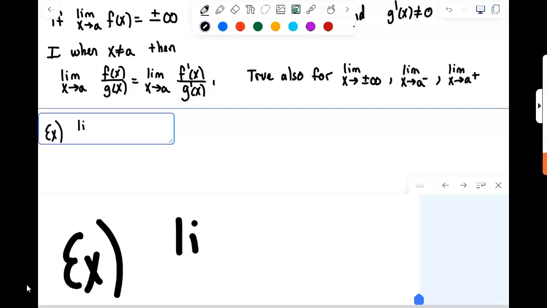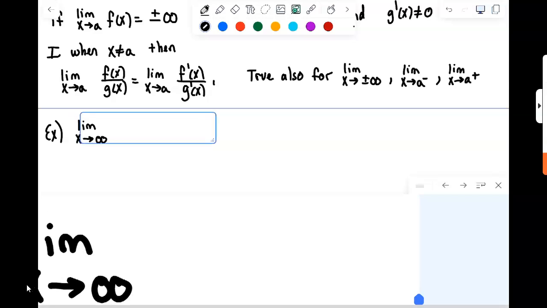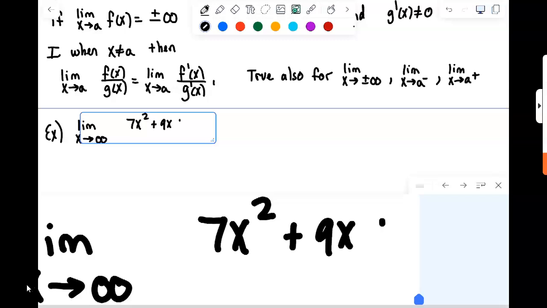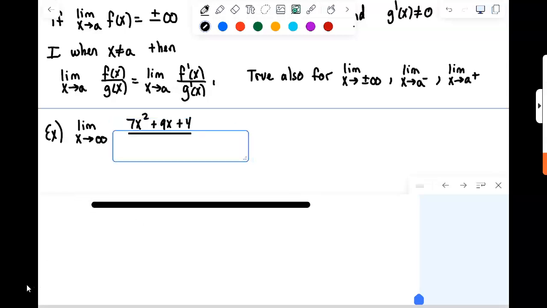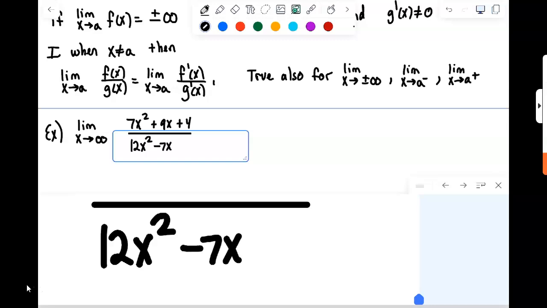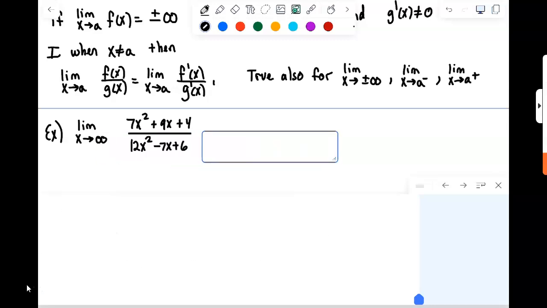Limit as x approaches infinity of 7x squared plus 9x plus 4 over 12x squared minus 7x plus 6.